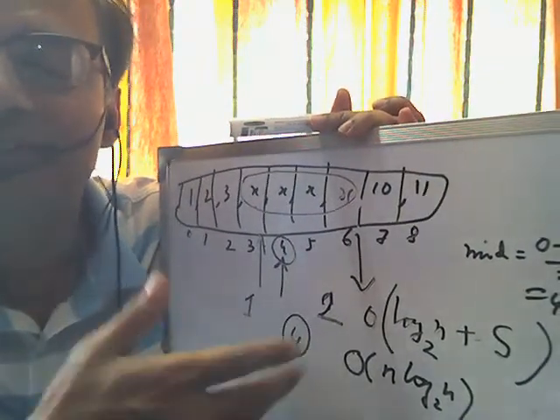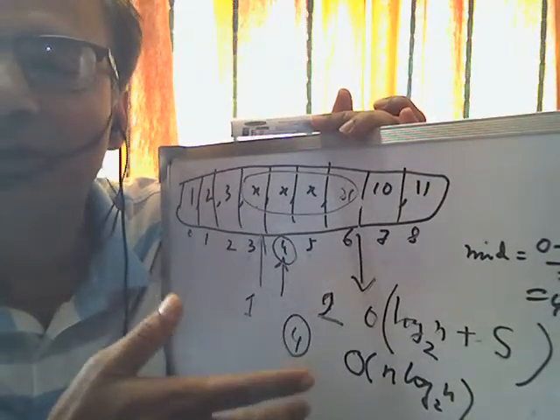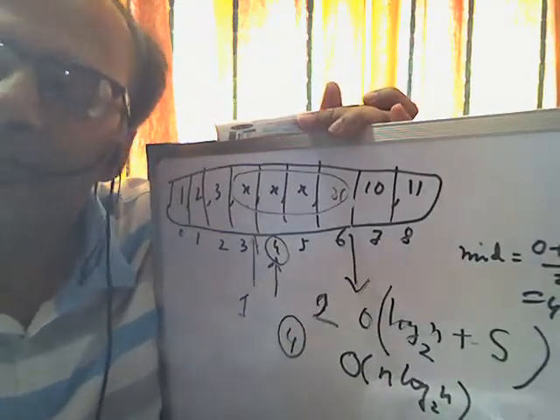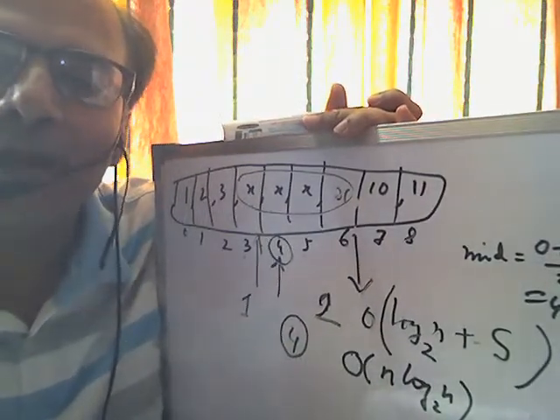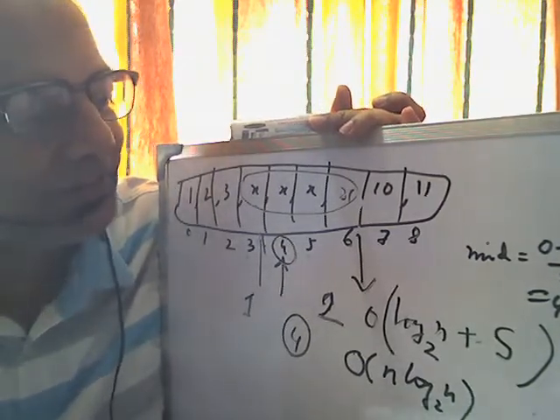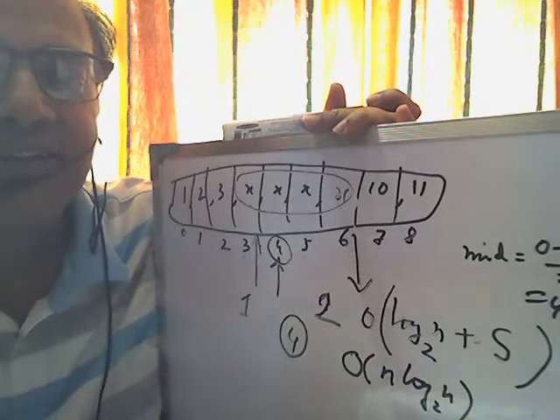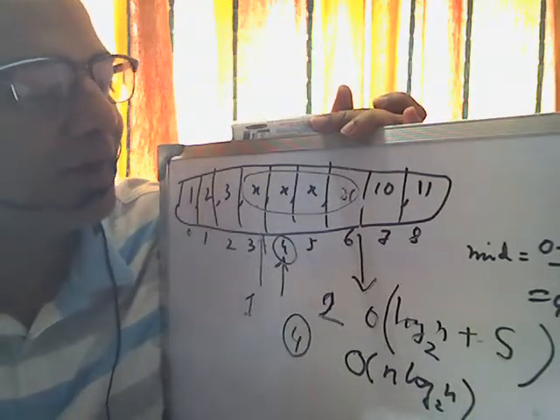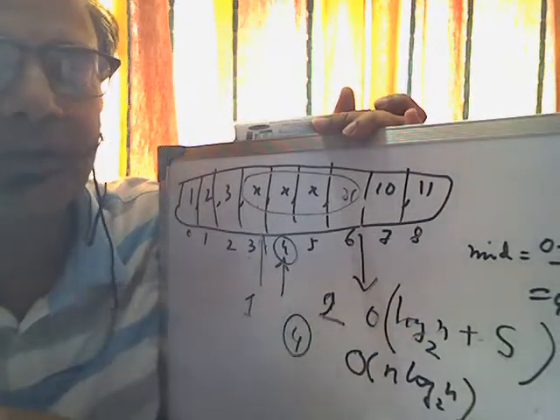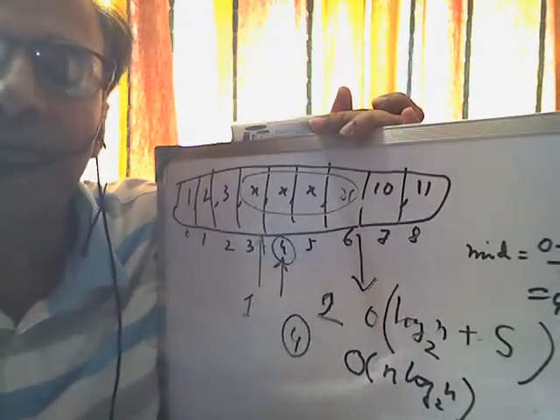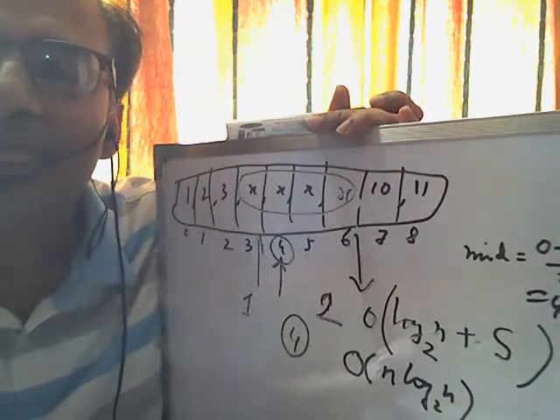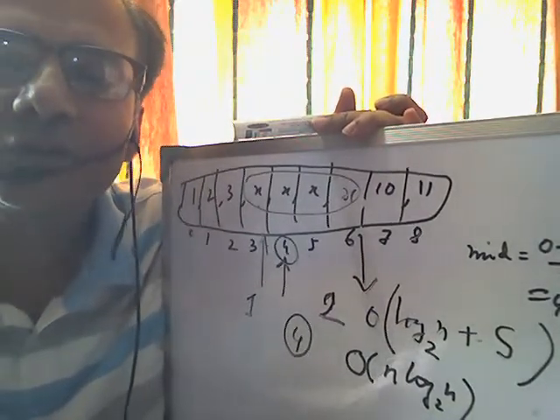Otherwise, you can insert at the very last position if the array is unsorted, right? That means every time insertion, order of n time will be needed. So there will be no efficiency for searching the number of occurrences, because you know this can be done in order of log n, but every time you are doing insertion, that will take order of n, right? Is it clear, Somadip?